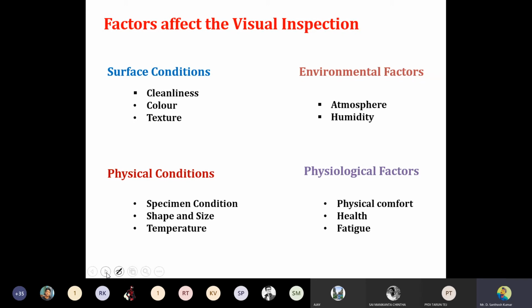For example, they have a night duty and the next day a morning duty. If that happens, much fatigue may be there, and obviously in the morning session, because they didn't have any sleep in the night, they may commit some mistakes. They may accept some defective pieces. That is the problem that will happen. So we have to consider all kinds of psychological factors for the inspector or technician.